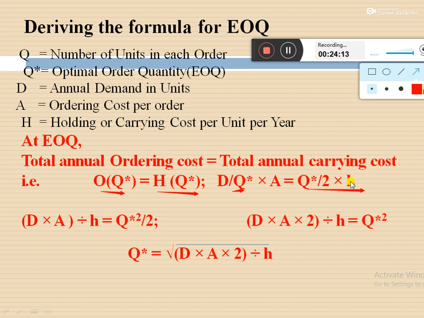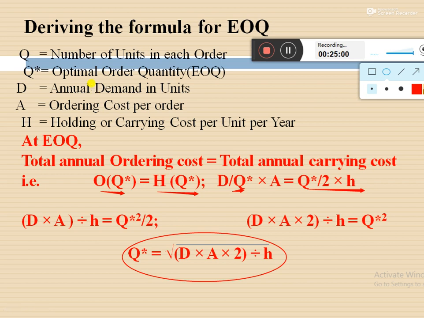And H from the right hand side would come into division of the left hand side, that is D into A divided by H. After further simplification, the 2, which is a division with Q square, would come to the left side in multiplication with D into A. Further simplification would result in this expression, that is Q star is equal to the square root of 2 into D into A divided by H. So it is the formula of optimal order quantity, or EOQ.